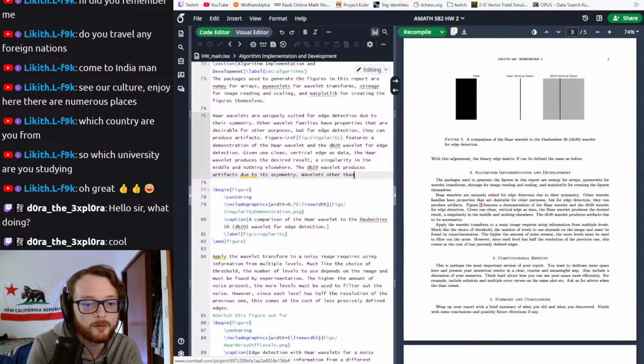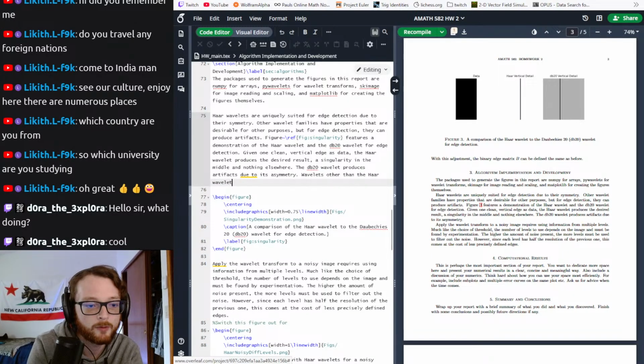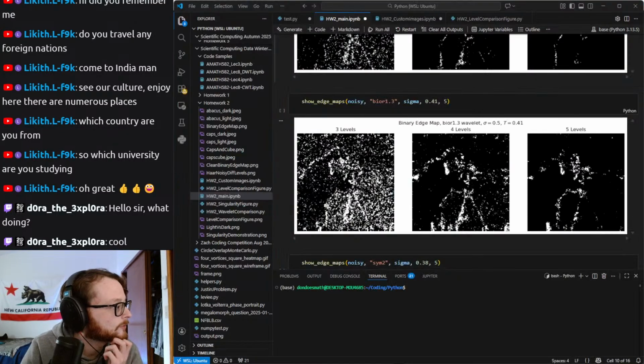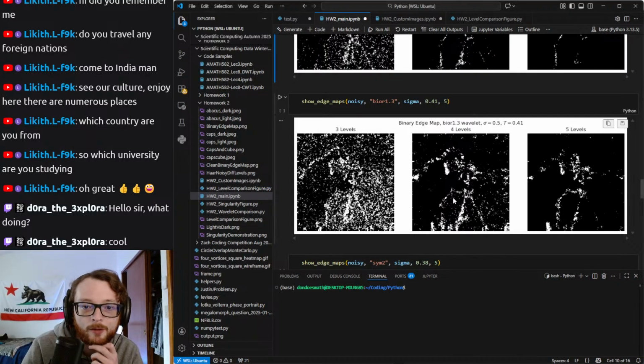Wavelets other than the Haar wavelet generally seemed to produce worse results, but I want to be more specific. This is me just, oop, that's not the right window. This is me just jumping around as things pop into my head.